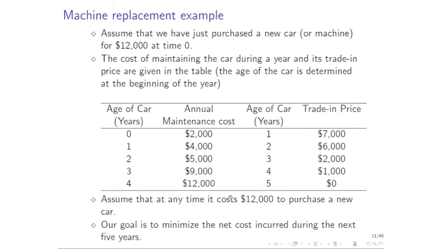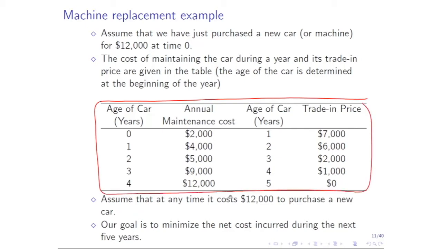This is the problem, machine replacement example. Suppose that you have bought a car today for $12,000, and this is the information. In this table you have the maintenance information and trading price of your car after different years of using the car.